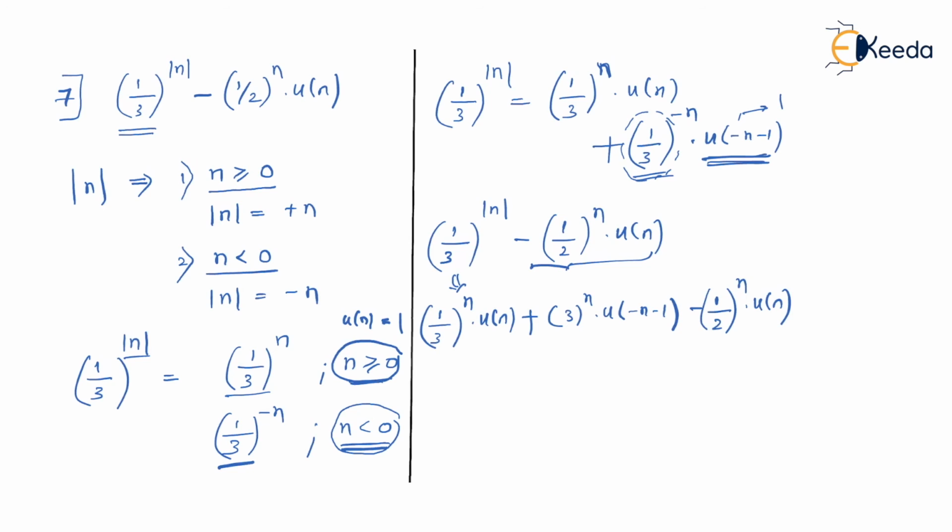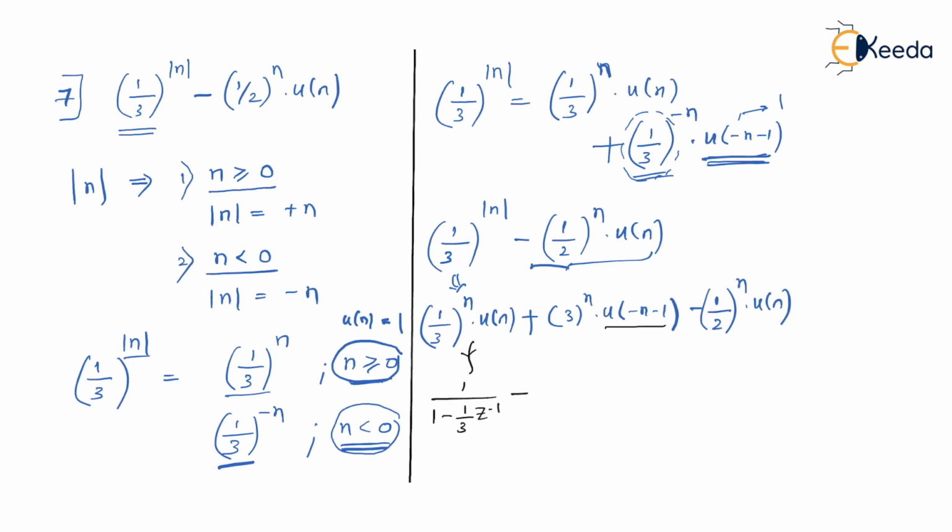Now, you know what? I can write the Z transform directly for this. See, you have to refer to the standard formula, a to the power n u of n. It is 1 upon 1 minus 1 by 3 Z inverse. Am I right? Plus. Now, since there is a presence of u of minus n minus 1, we will have a default negative sign here. So we need to modify this plus to minus.